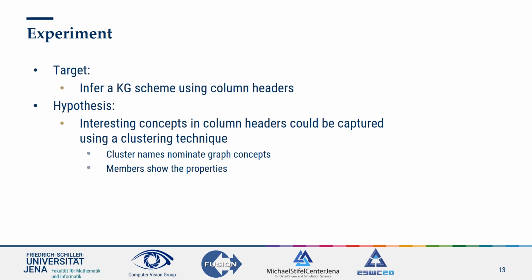We have conducted an initial experiment that infers a knowledge graph schema from the table headers only. Our hypothesis is to find the concepts of interest and the relations among them using a clustering technique, such that cluster names nominate graph concepts while cluster members show the semantic relationships.